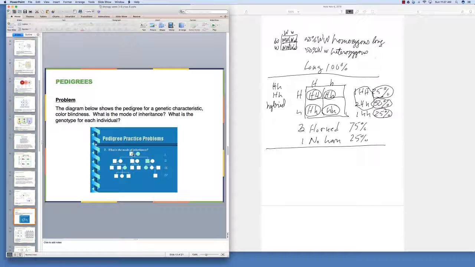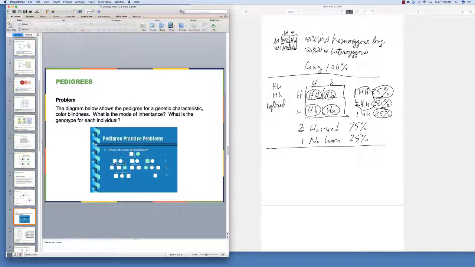So these are unaffected or color normal vision, and the colored squares are affected individuals. So we have an affected female marrying an unaffected male. They have 1, 2, 3 children. This child is affected.